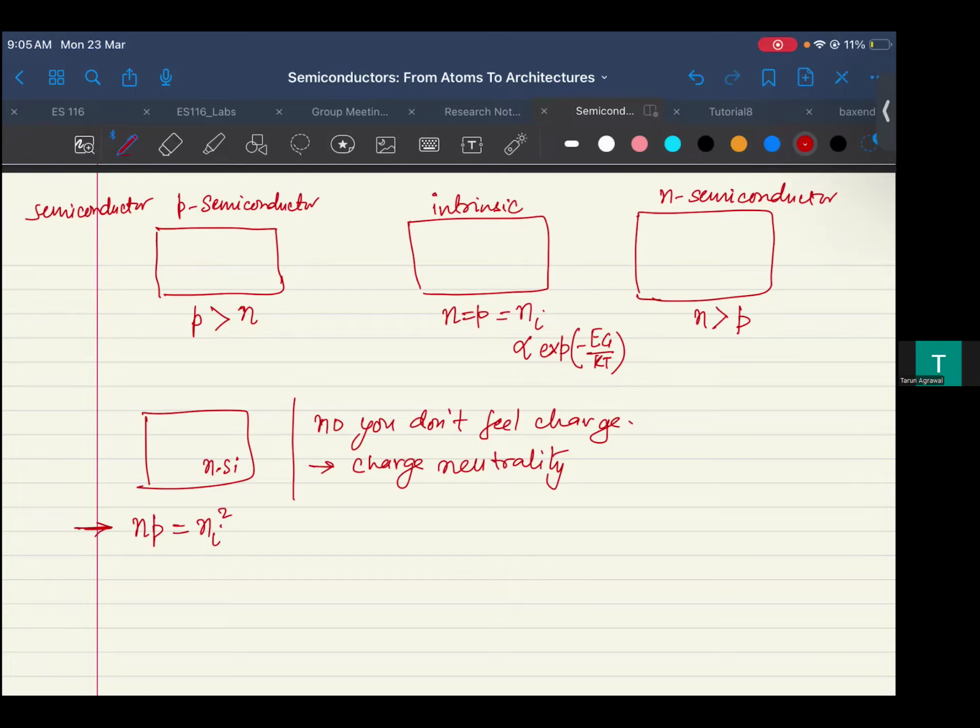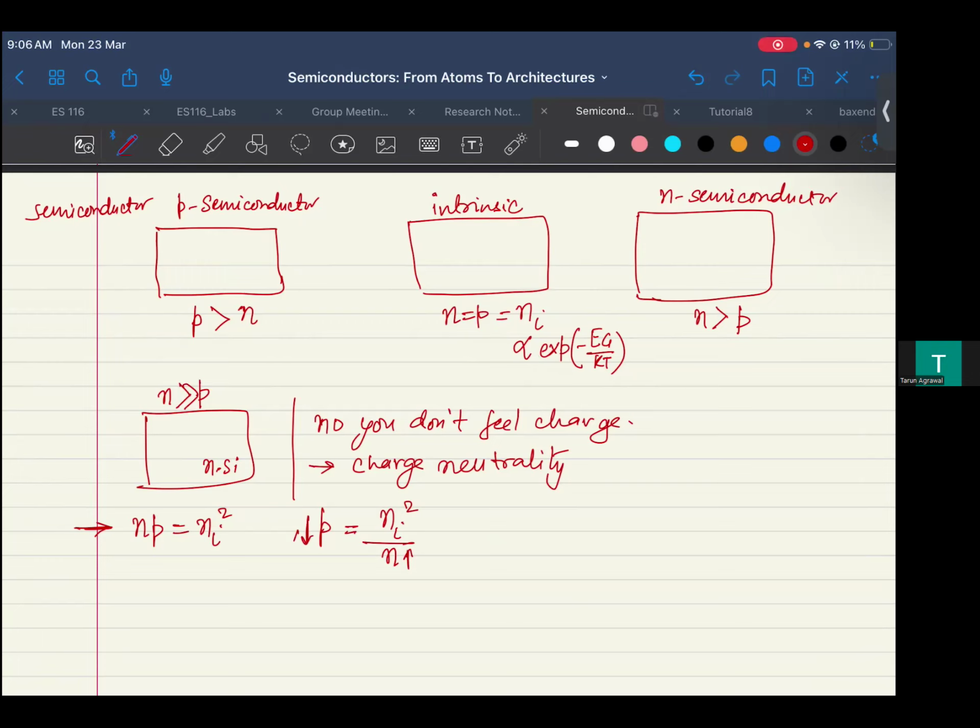So if you are doping it N type, you do have some holes also in your semiconductor. The only thing is that when it is N type, N is much more than P, which you can see from here also. If N is much higher, P is much lesser, because Ni is the same.